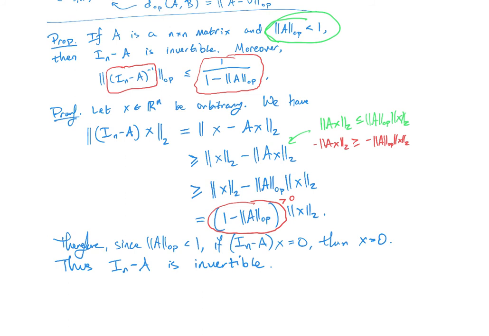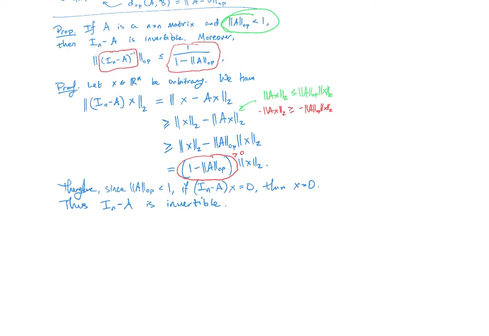Okay, now, what about the upper bound on the operator norm of its inverse? Well, again, this stuff might feel a little foreign. That's just because we haven't done that much analysis with linear algebra yet.